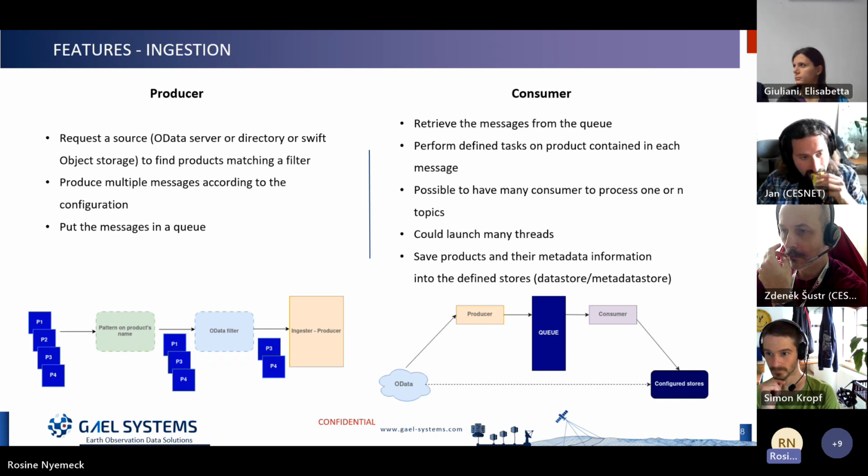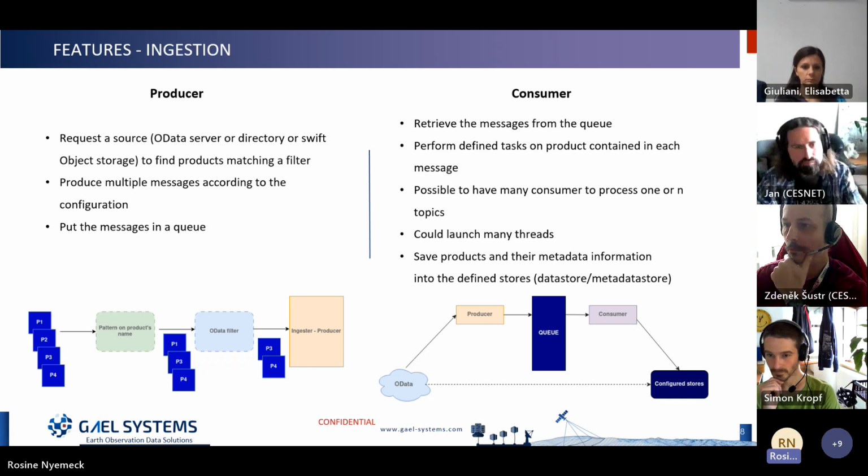After that, if we have an OData source, we can also define an OData filter, which will just check the products matching this filter. So the producer checks all these products and produces the messages with this product.